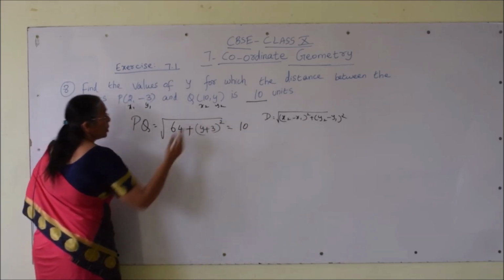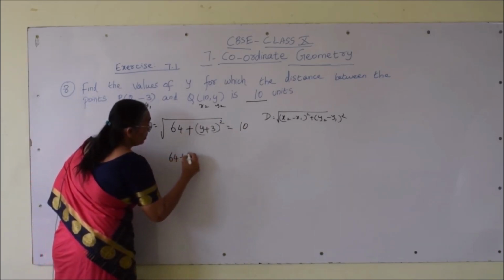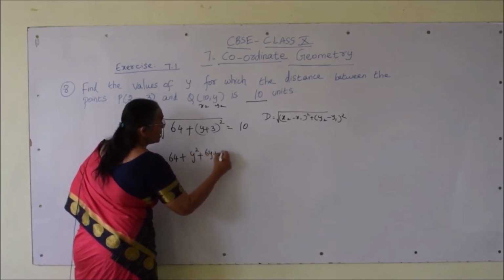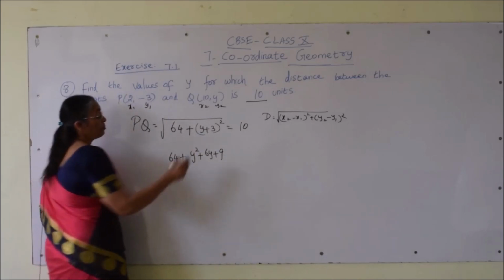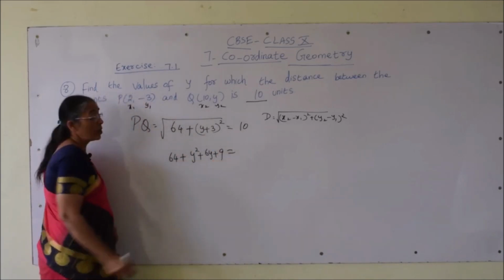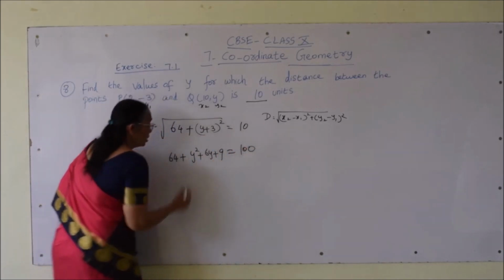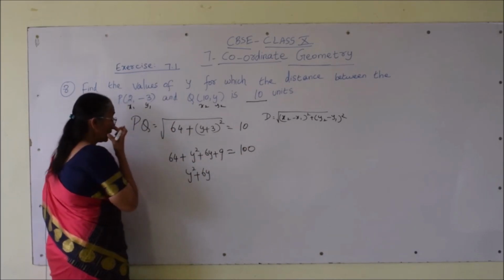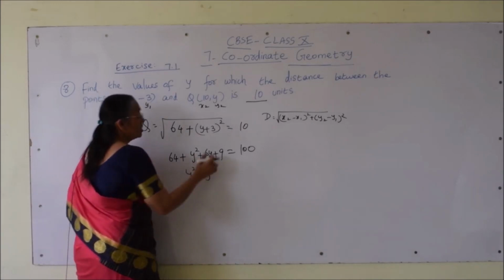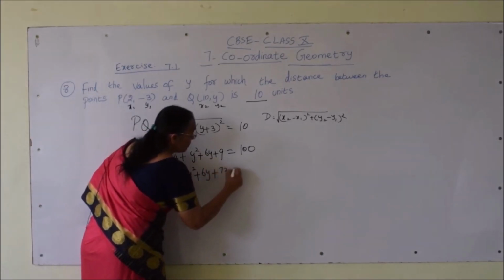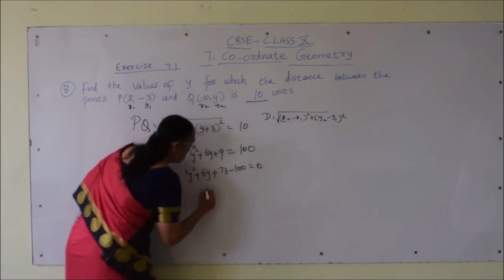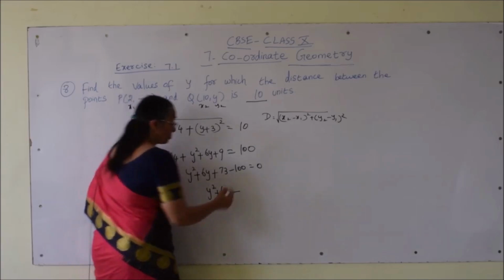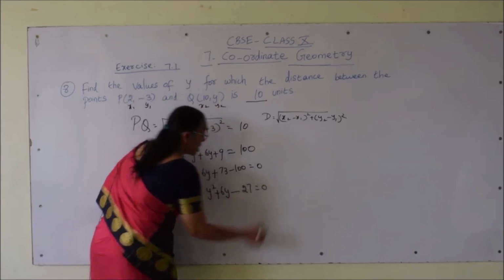Now, squaring on both sides, 64 plus, let me expand also this one, y square plus 6y plus 9, using the (a plus b) whole square formula, is equal to 10 square, which is 100. So, y square plus 6y, 64 plus 9, which is nothing but 73, plus 73 minus 100 is equal to 0, y square plus 6y minus 27 is equal to 0.